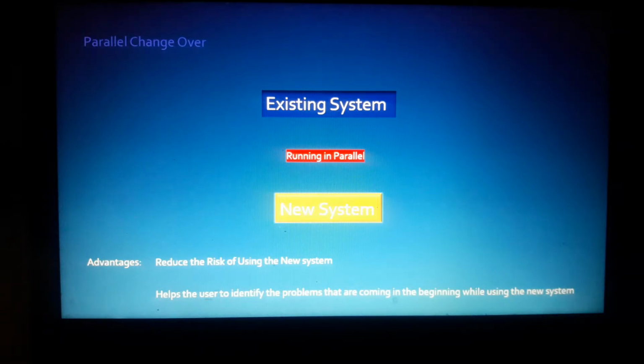So, why does it reduce the risk of using the new system? Because when you are using the new system, the older system also exists. If there are any problems, you can run things on the existing system itself without dependency on the new system. That is an advantage.